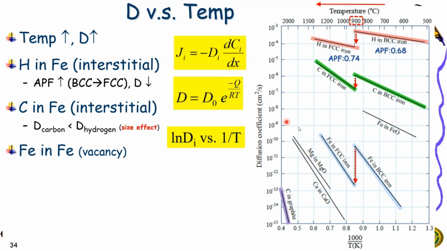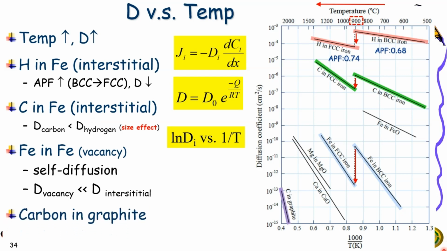So the speed of self-diffusion is less than the speed of interstitial diffusion. Vacancy diffusion is much, much smaller than interstitial diffusion. This is the answer you need to tell me in your final exam.